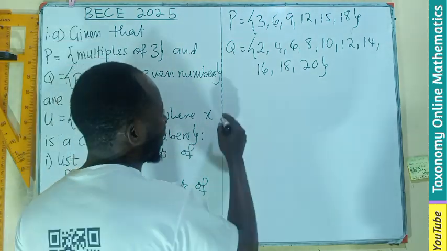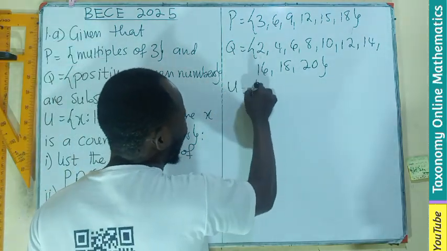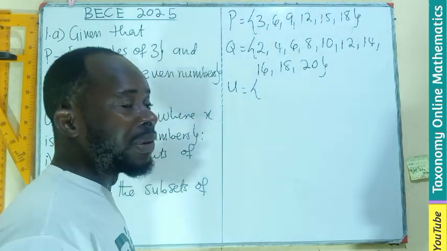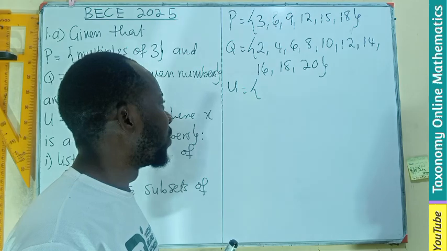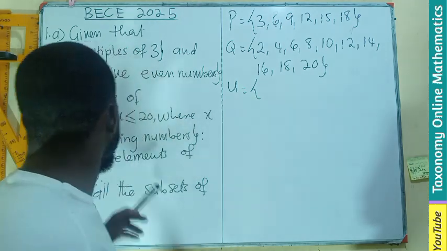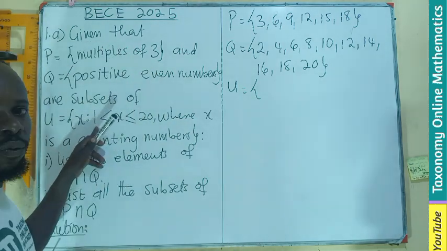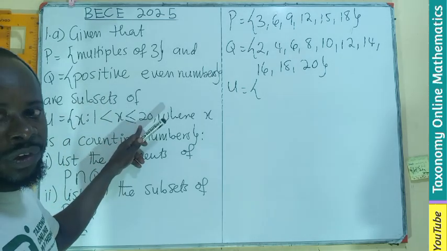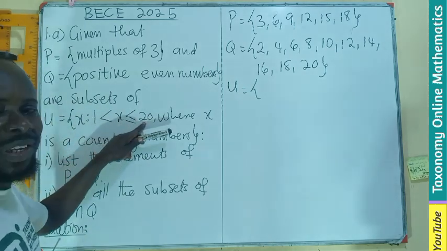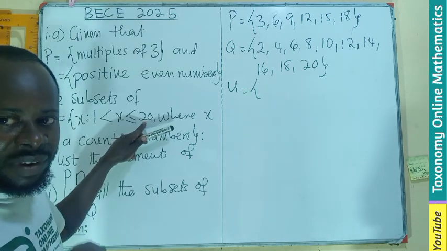Then let's see what the mother set is. We could have started with the mother set so that it will serve as a boundary for us to list the subset, but all the same. Now, this is a number between 1 to 20, 20 inclusive. This sign here means 20 is part of the elements of the universal set.